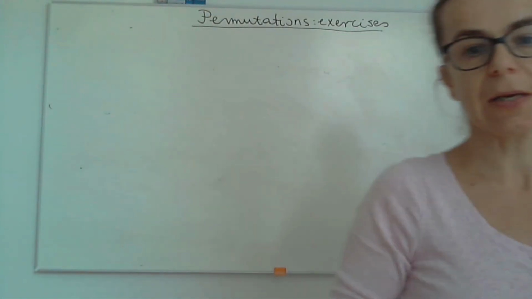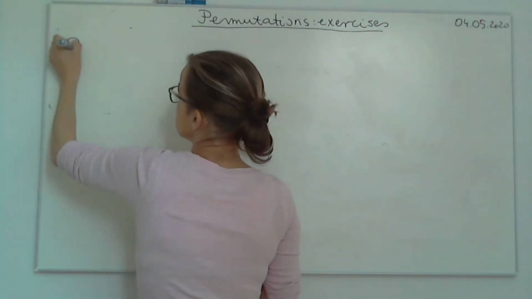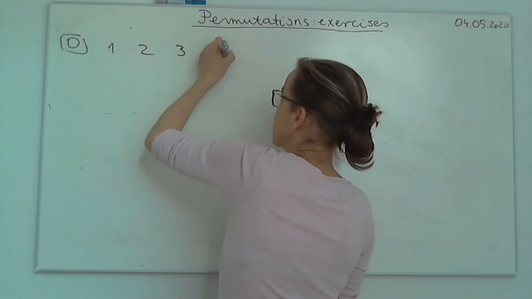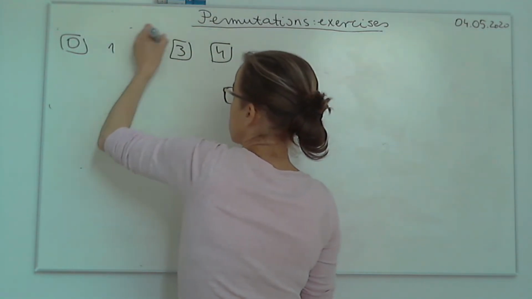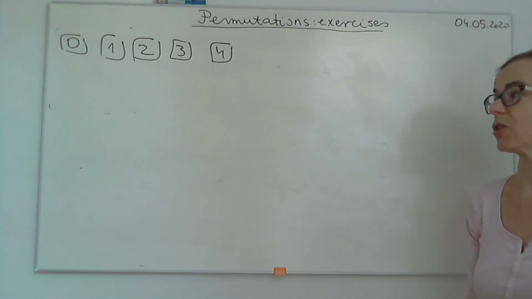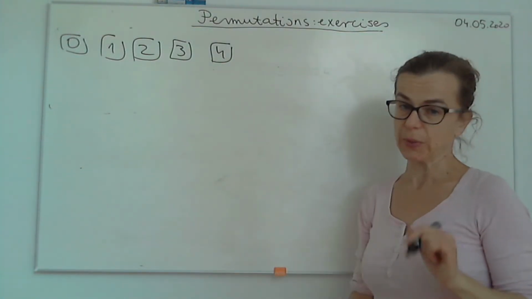So the first problem is we have number cards 0, 1, 2, 3, and 4. These are my number cards. Then I want to create a 5-digit number so that I use each card exactly once.